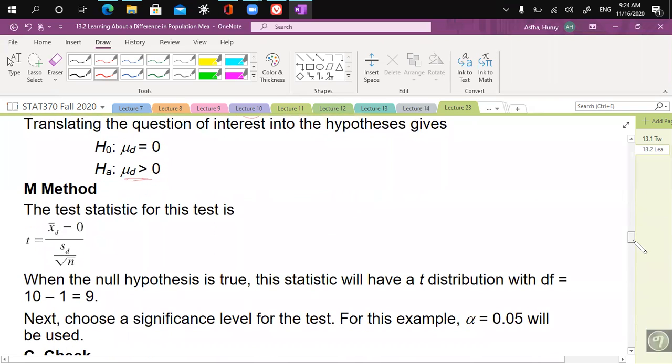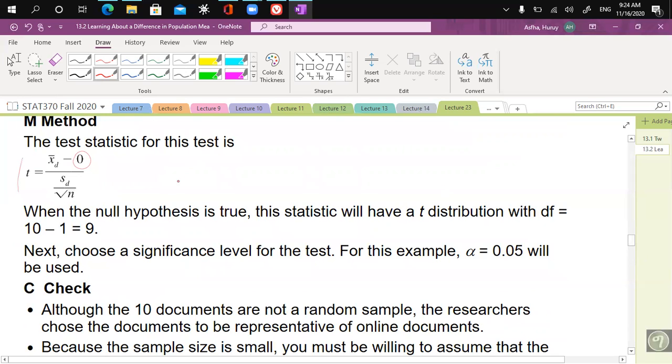And then the method, since we said they are paired, is the test statistic given by this. The hypothesized value here is 0, so we change mu sub d to 0, because it comes from the null hypothesis.